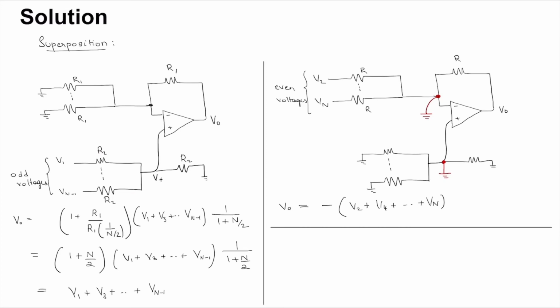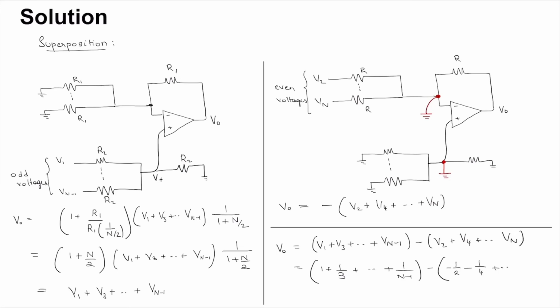So by the superposition principle, I can now say that V out is equal to V1 plus V3 till Vn minus 1, minus V2 plus V4 till Vn. Substituting the values, we get 1 plus 1/3 till 1 over n minus 1, minus half, minus 1 by 4, and so on to minus 1 over n.